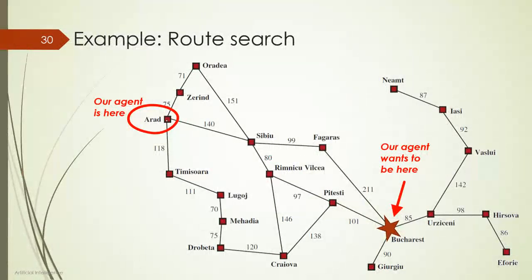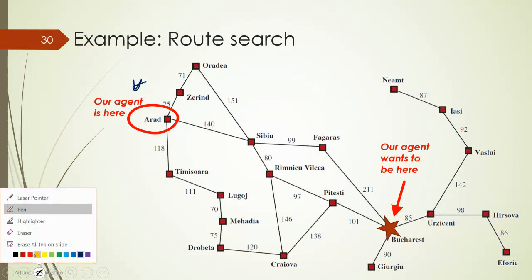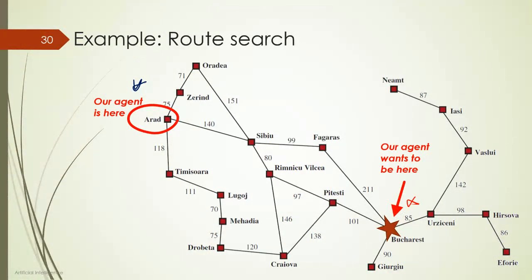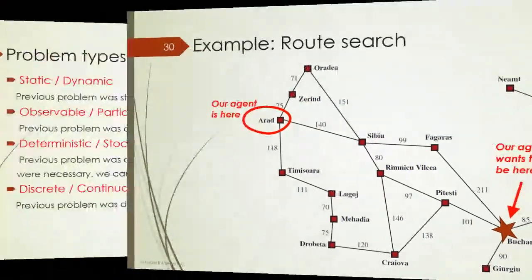Again, the map: I want to start from here and get to Bucharest as our target. At this stage, I have three options to go.